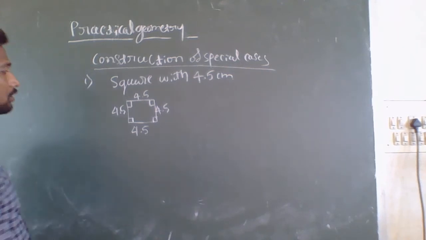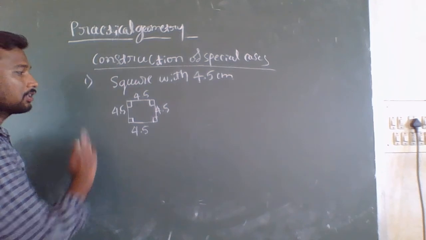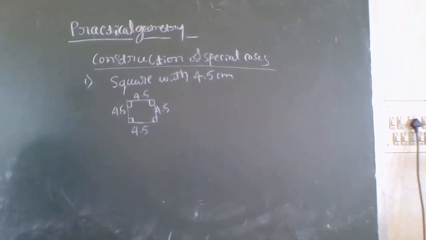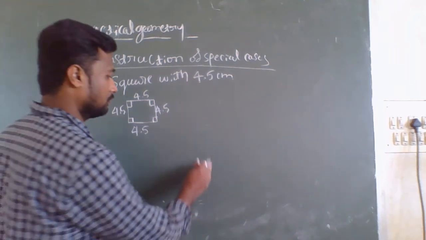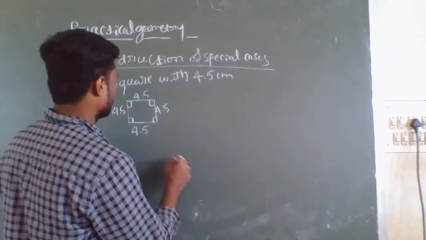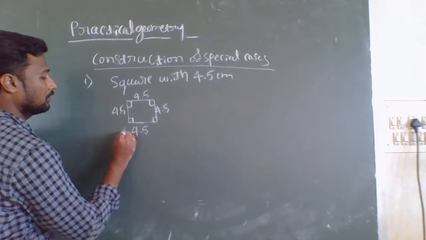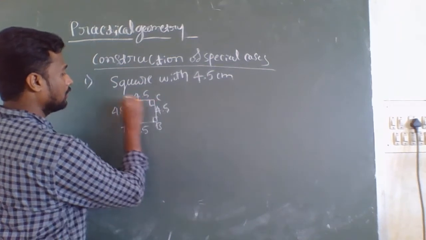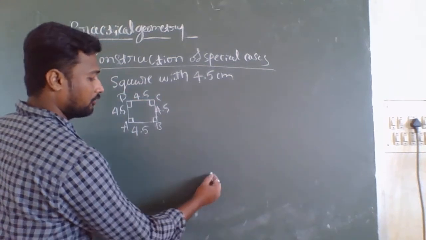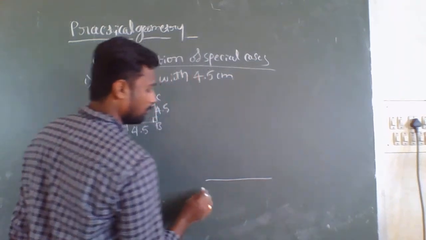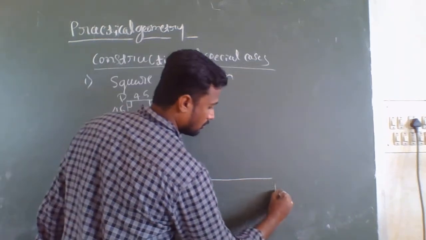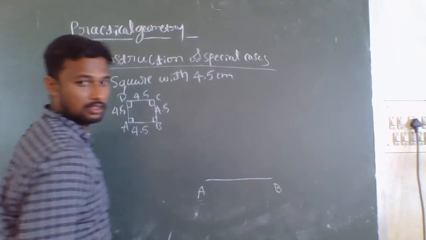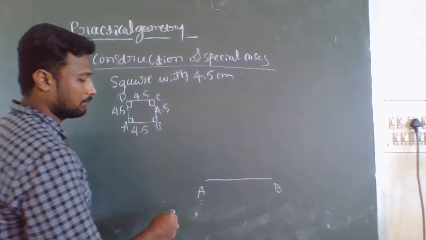So by using this rough diagram we can construct a square. So here I will name it as A, B, C, D, and first I will draw baseline AB, which is of 4.5 centimeters.